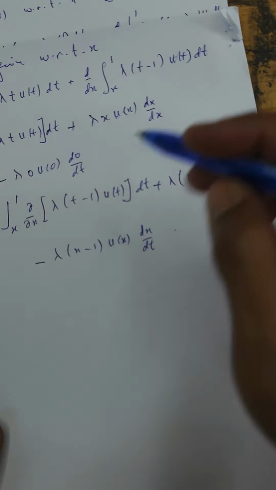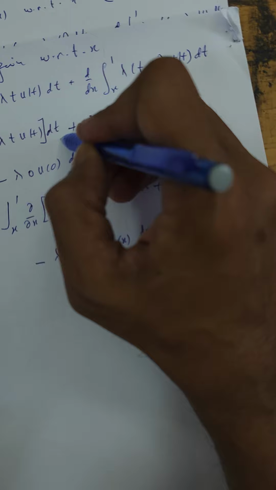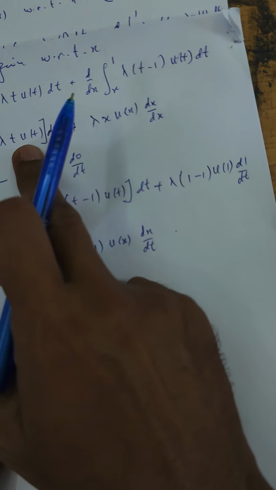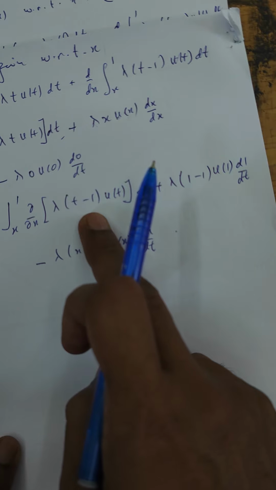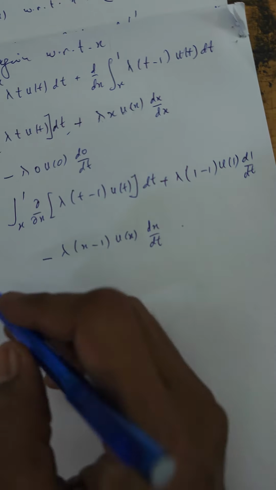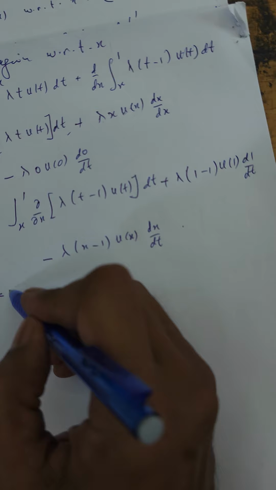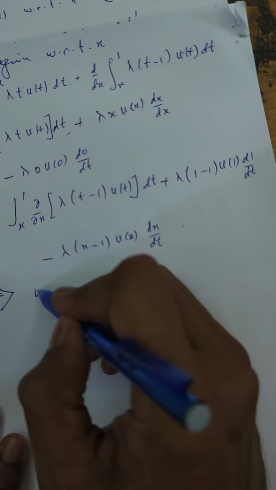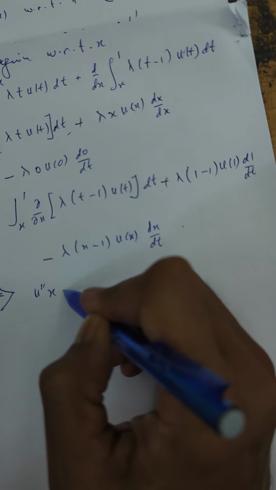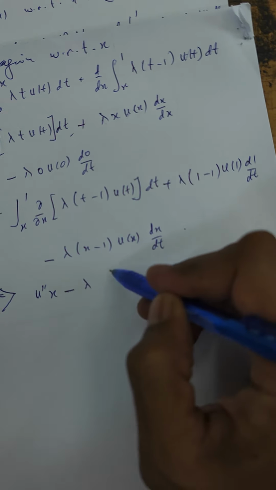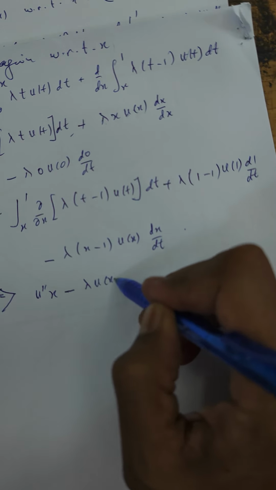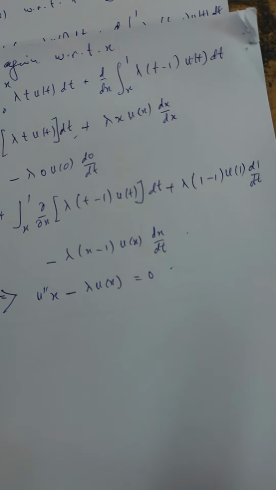Okay, so if you evaluate those with respect to x, this one is 0, that one with respect to x gives you 0. So what is left is actually you have minus u double prime x minus lambda u x equal to 0.